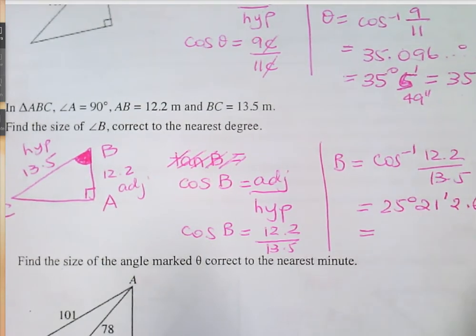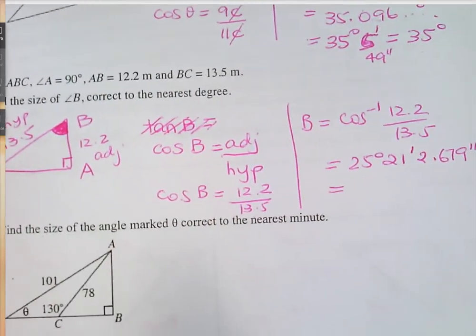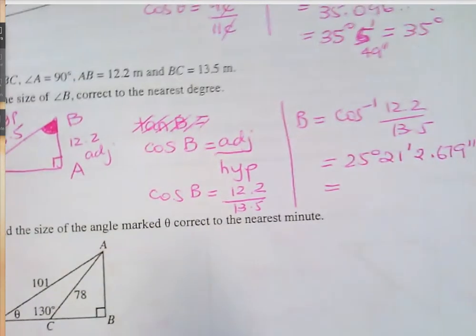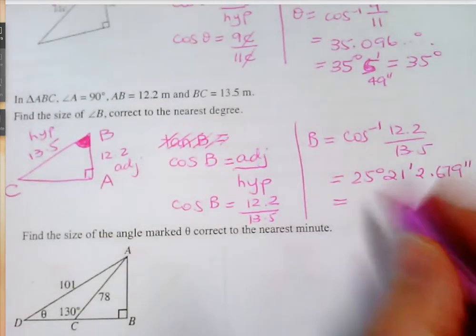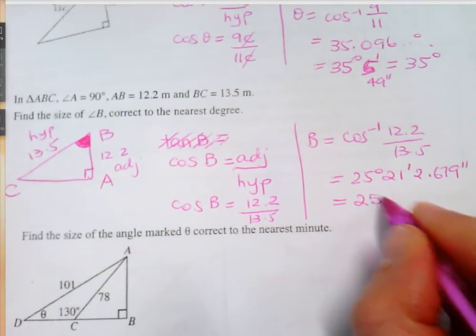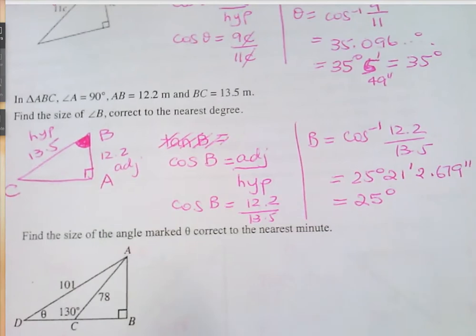Really? Thousandths of a second. Oh, okay. Good. So 25 degrees, 21 minutes, 2.679 seconds. So we just wanted to the nearest degree. So what is it, 25 or 26? 25. Girls. Yep. All right, you're going to do question 4 now.